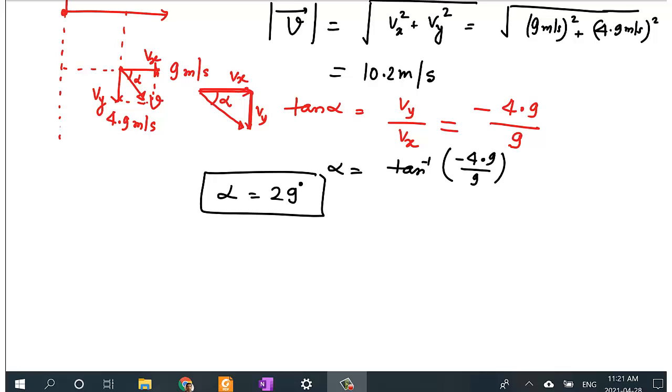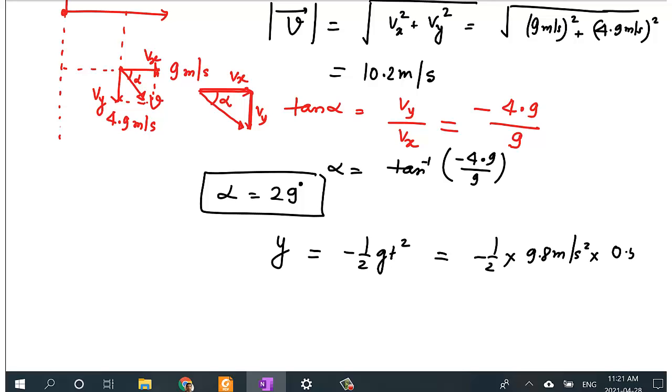For example, if you want to calculate the y coordinate after half a second, you can simply use the one-dimensional free fall expression, that is minus half g t square, and this is minus half into 9.8 meter per second square, and in this case 0.5 second square.